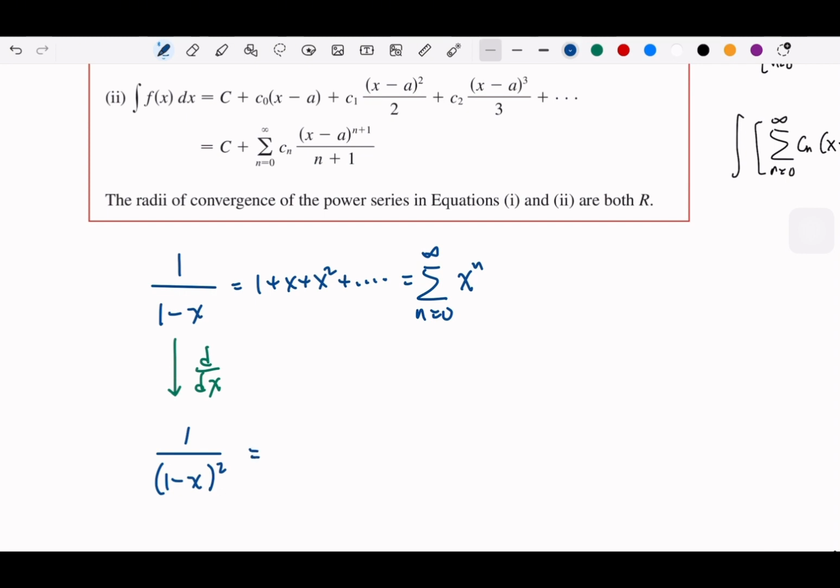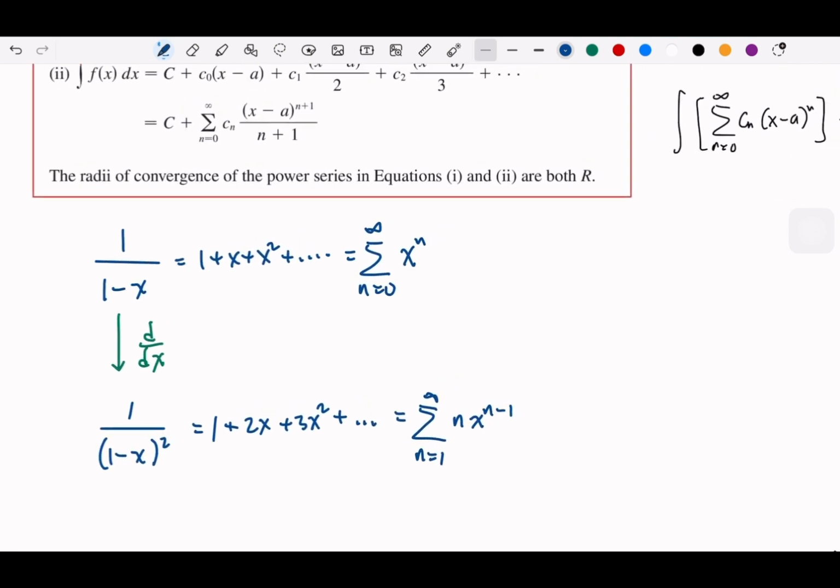And then simply we can also differentiate the terms: 1 plus 2x plus 3x squared plus and so on. Okay, so basically we can differentiate each term or we can differentiate the series itself. Okay. So this becomes a new function.